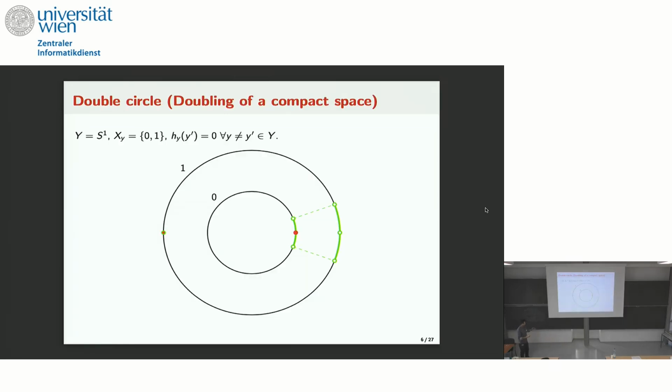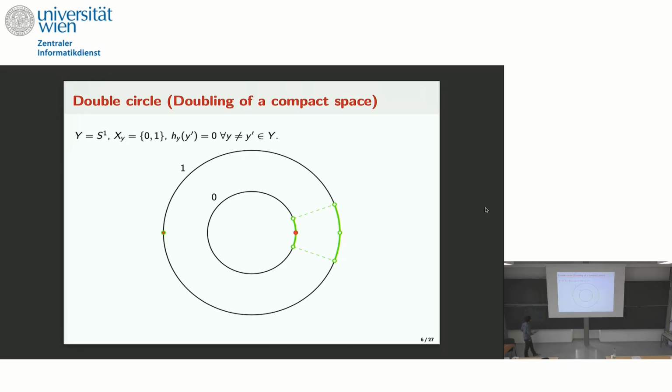So some examples. Here you have the double circle, a classical topological space, or the doubling of any compact space, a construction of Alexandrov. Here I have written how you can obtain the space from the circle by a resolution. In particular, this is a Fedorchuk compact of spectral height 3.